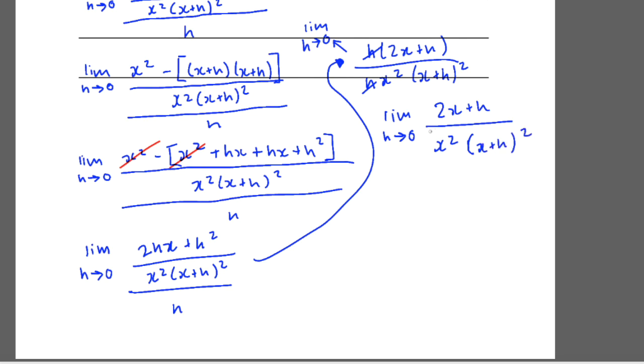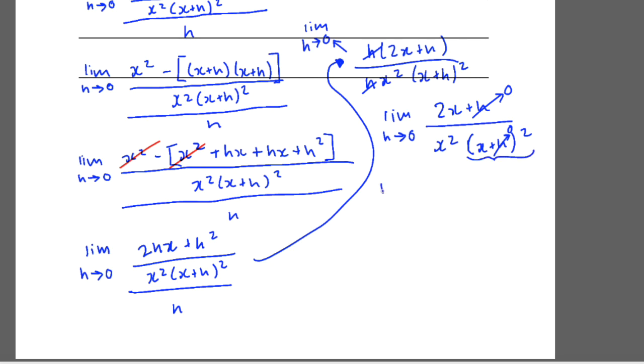Alright, now as h approaches 0, this term will tend towards 0, and this term will become x squared. Hopefully you can see that. So if this h goes to 0, we're just left with x squared there.